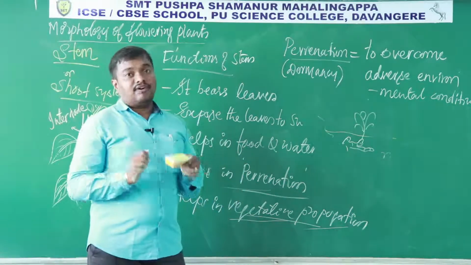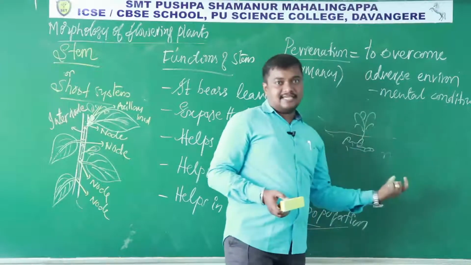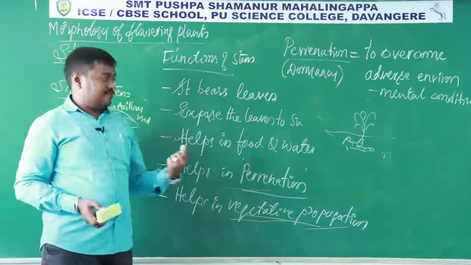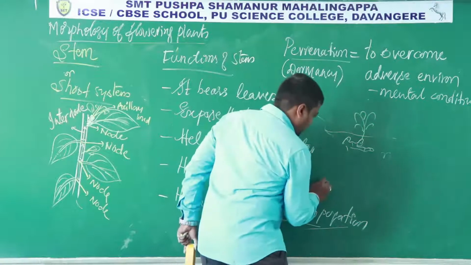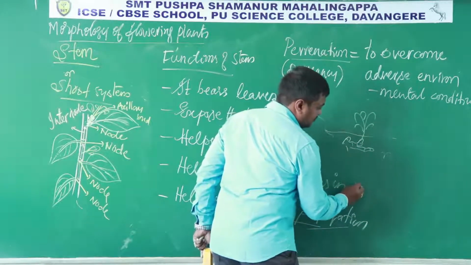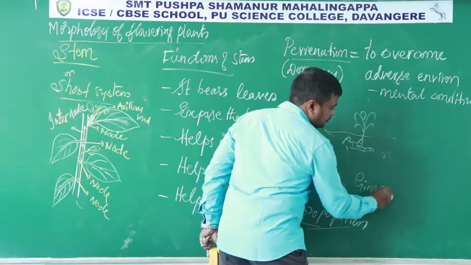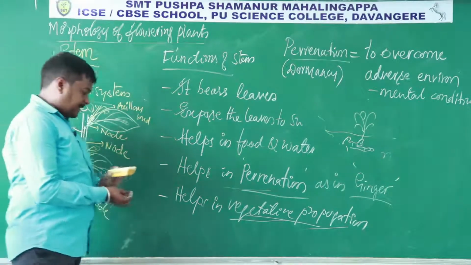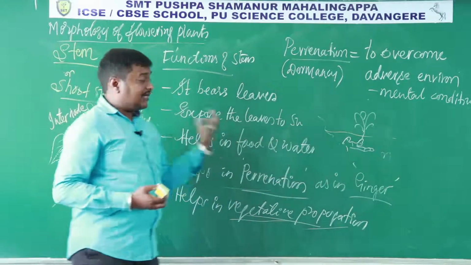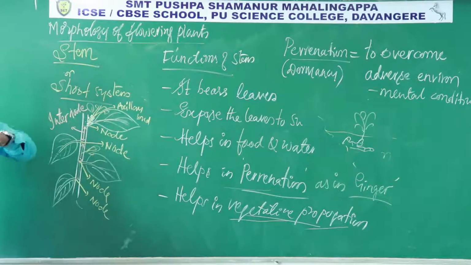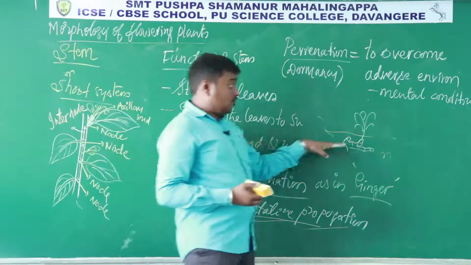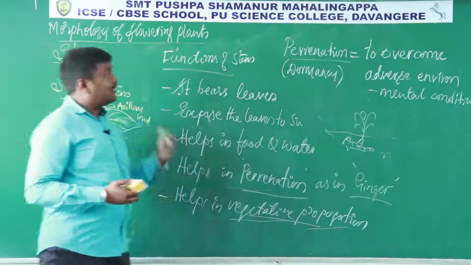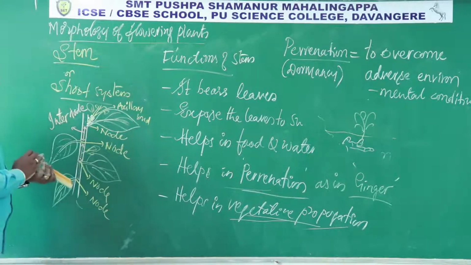If the condition is not suitable for growth, it does not show growth; it is present under the soil as a dormant structure. Later, when the favorable condition returns, it starts producing the leaves. So it helps in perennation, as in ginger. Ginger is a modified stem. The modified stem part stays inside the soil. When the favorable condition returns, the leaves come out of the soil again. The stem grows under the soil itself, and only the leaf is produced outside for photosynthesis. That is for perennation and it helps in vegetative propagation.